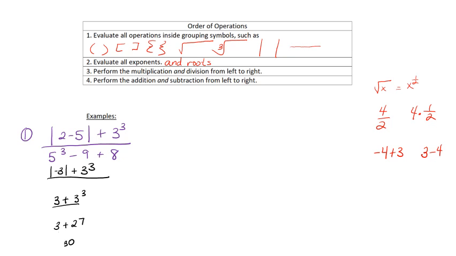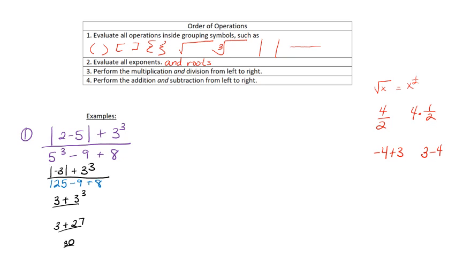All right, now let's evaluate the denominator. So let's see, we have an exponent there, so we're going to do that first. 5 to the third power is 125, minus 9 plus 8. All right, we see that there's some subtraction and addition, that's what's left on the bottom.